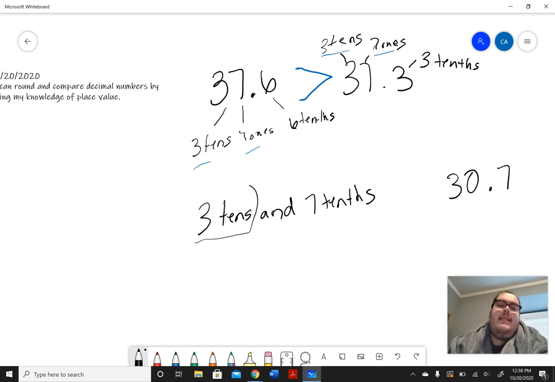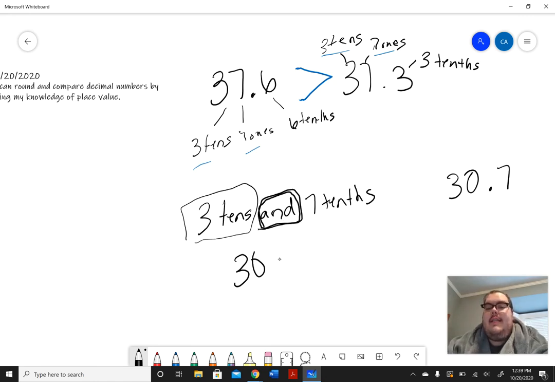What do we know 3 10s is? Well, we know that 3 10s is like saying I have 10 plus 10 plus 10. 10 plus 10 plus 10 equals 30. Okay, and when we see that word and, that's our big clue that we have a decimal point. 30 7/10. Okay, so we put our 7 in our tenths place. So instead of the word form, now we have it in standard form. Oh, and would you look at that? We have 30 7/10 and 30 7/10, which means that they are equal to each other.